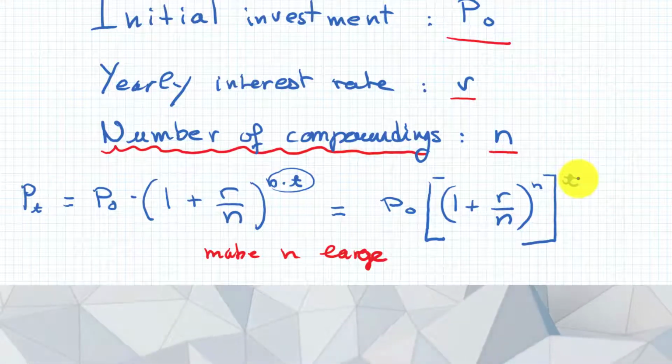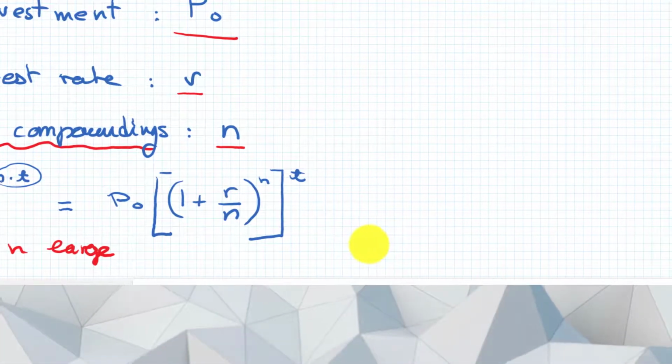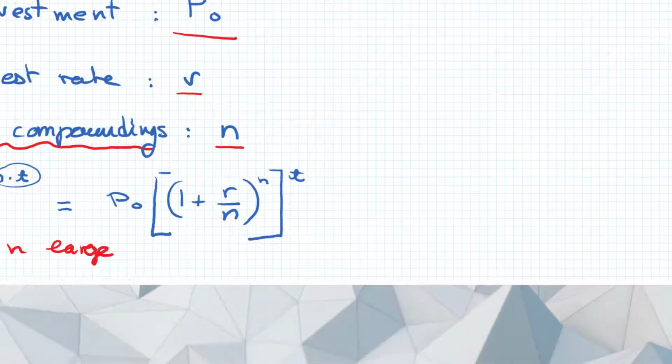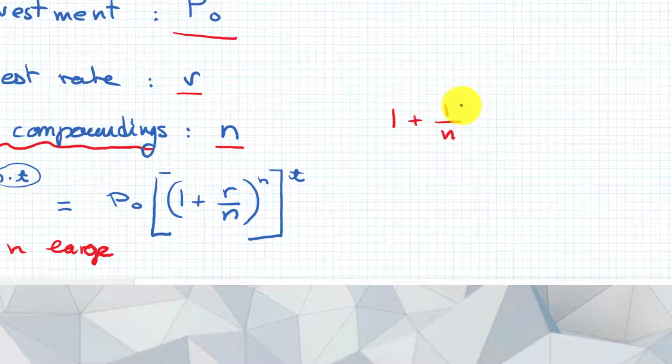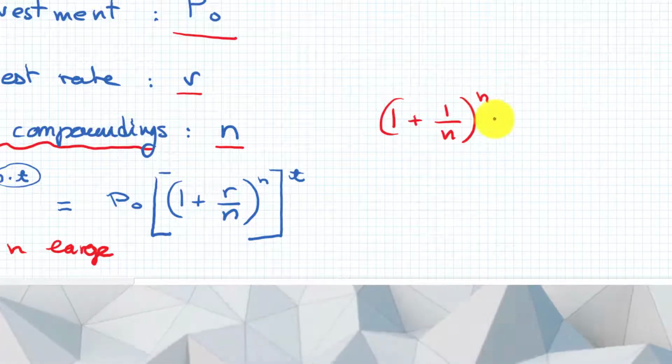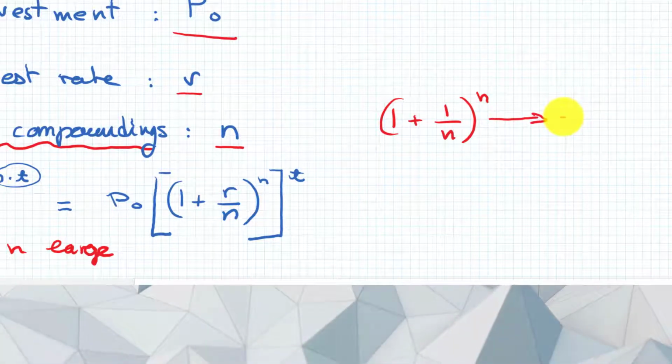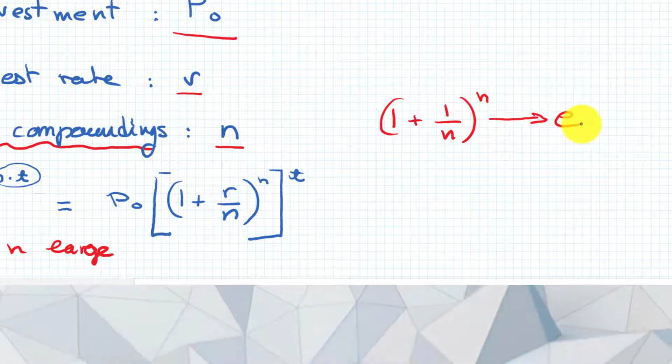Now, if you remember the first video, what did we say? We said that if you looked at 1 plus 1 over n to the power of n, this quantity approaches e.